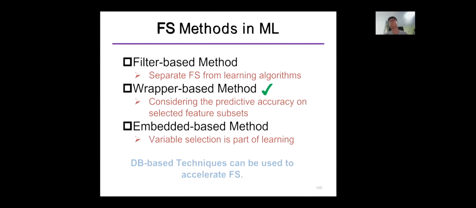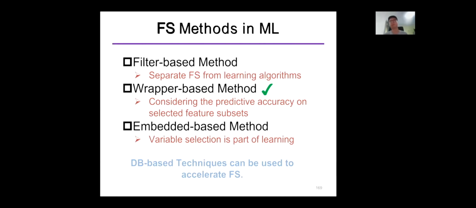It considers the predictive accuracy on selected feature subsets. The main idea is to enumerate many subsets and select the best ones by continuous training. And the third one is the embedded-based method. It embeds the feature selection into the machine learning model, like the tree model, GPT, or the deep learning model.